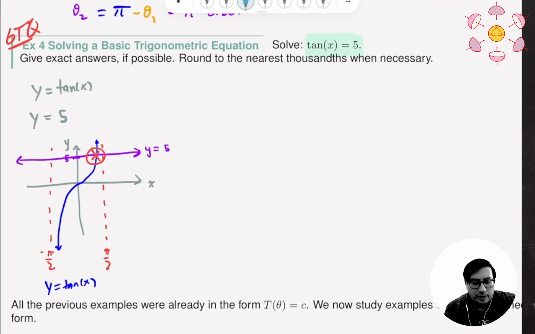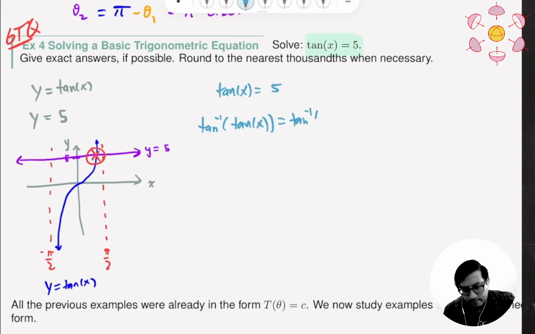So as we think about the solution, we're going to say, okay, tangent of x equals 5. I'm going to do tangent inverse on both sides. So we're going to get x equals tangent inverse of 5.